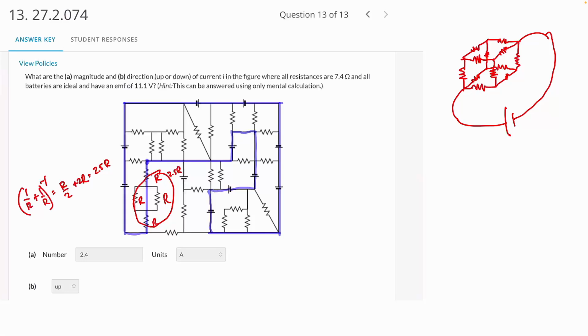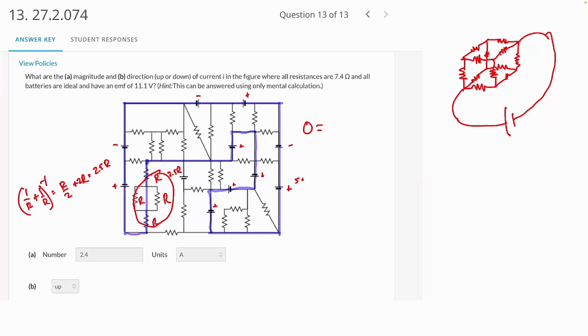Kirchhoff's rules say for a closed loop of the circuit, what must be true? Wherever you start and end, you add up to 0, right? So, what do I have? I have plus, plus, plus, plus, plus. How many pluses is that so far? 1, 2, 3, 4, 5. And then I've got a minus and a plus and a minus. Why are these minuses? I'm going against the batteries, and that's plus. So I had 5 pluses over there.